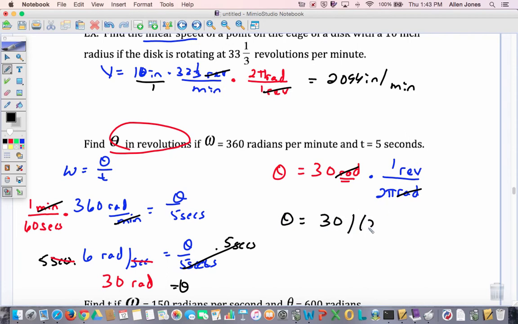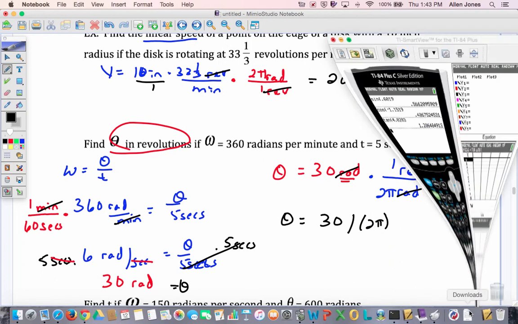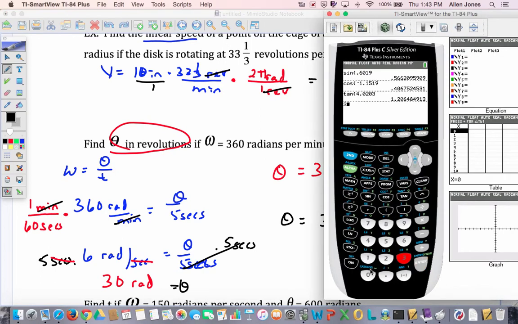Make a calculator note here. I want to divide by 2 pi, so I need to put that in parentheses. So when I divide that, I have 30. Now I'm going to show you how, if I type that in without the parentheses, 2 pi, what my calculator is doing is taking 30 and dividing it by 2 to get 15, then multiplying 15 by pi to get 47.12.